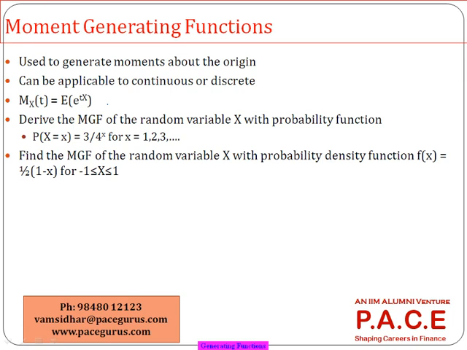Just by taking out the coefficients of each of the t's, we get the individual probabilities. In short, the probability generating function is nothing but the expected value of t power x.